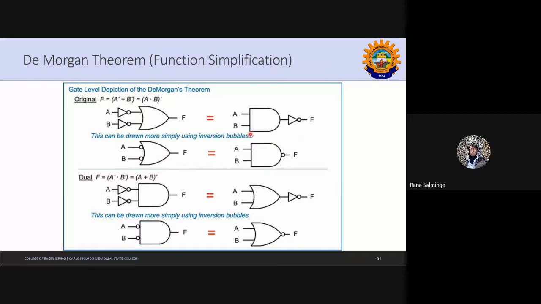So this one can also become this one, it's like a reverse. That's why you could use the De Morgan theorem to simplify circuitry.